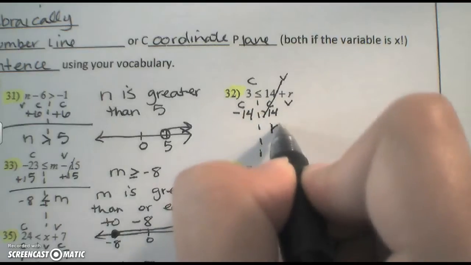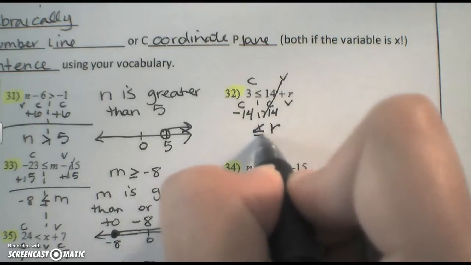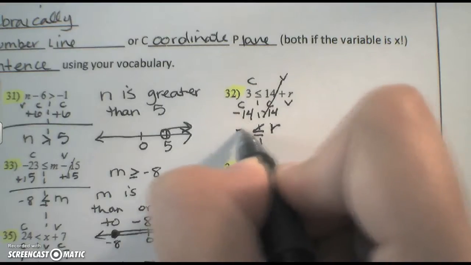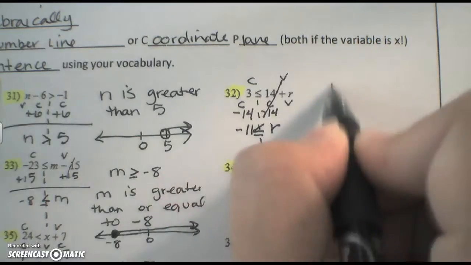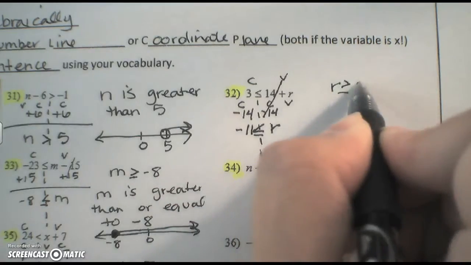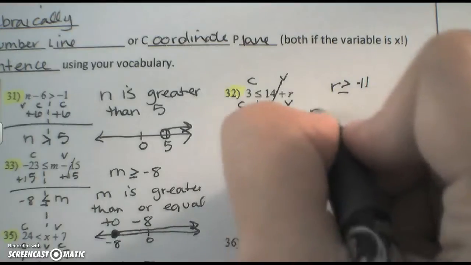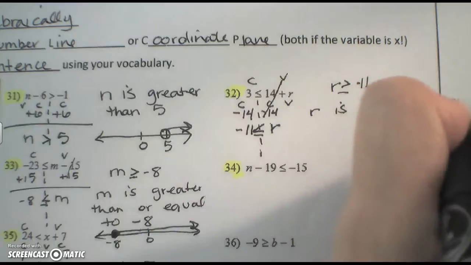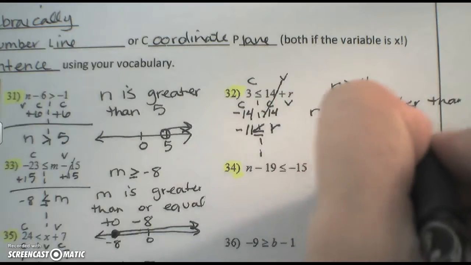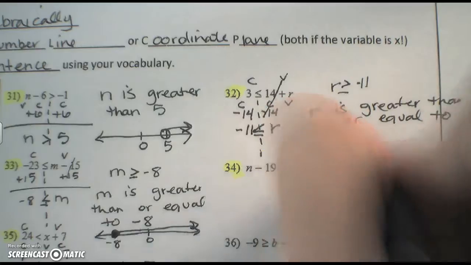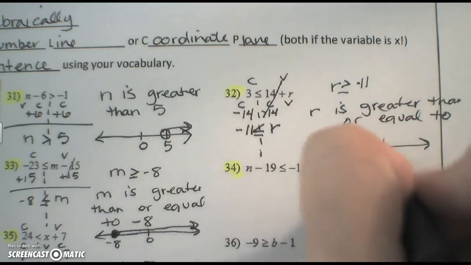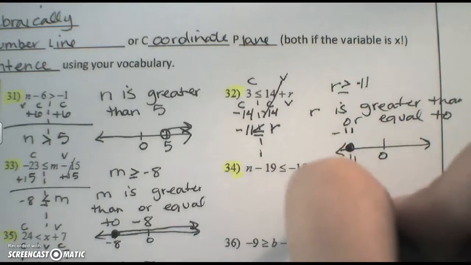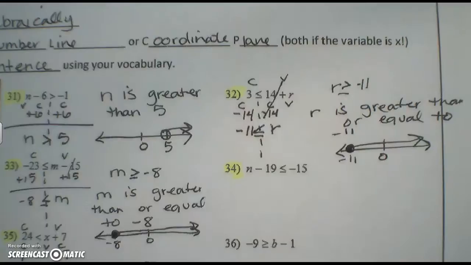And we have an R, we have our inequality symbol, and 3 minus 14 is going to be -11. Rewrite R greater than or equal to -11. Write it out. R is greater than or equal to -11. Graph. 0, -11, closed circle, greater to the right.